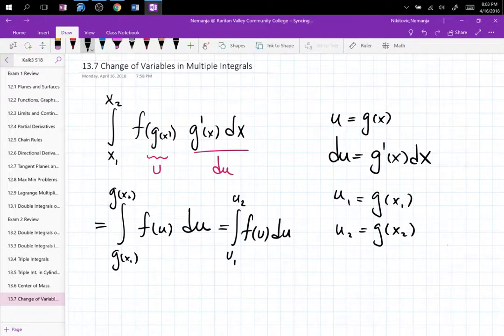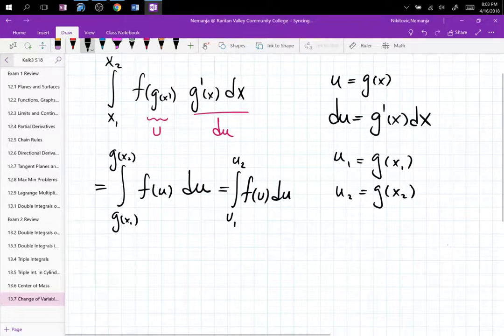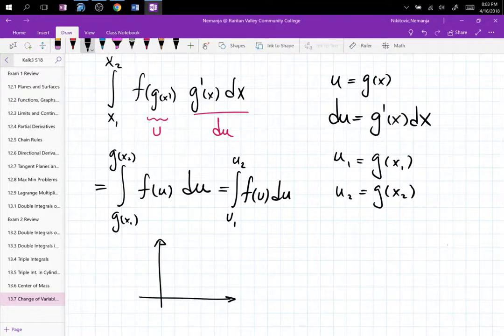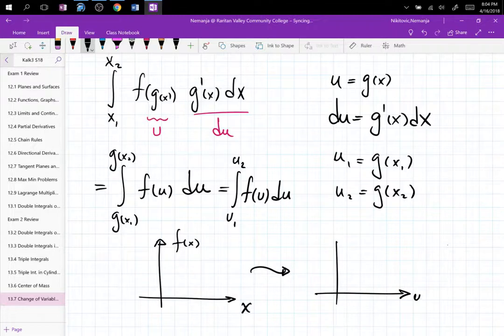Please observe what happened. We used to have the integral in terms of x, with the variable x in the input, feeding in g of x and f of g of x. We transformed that integral completely into u and f of u.